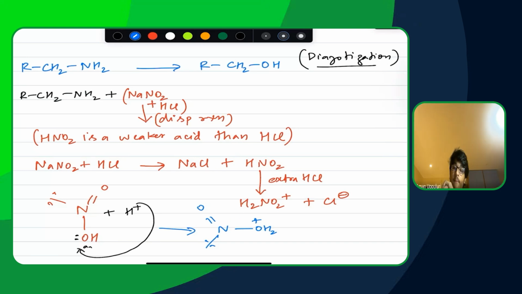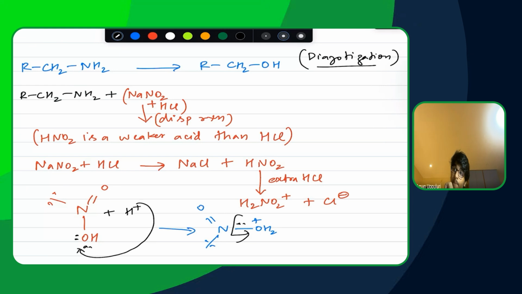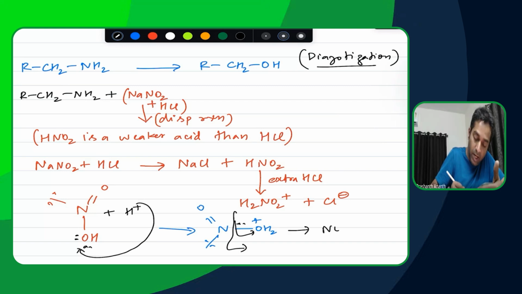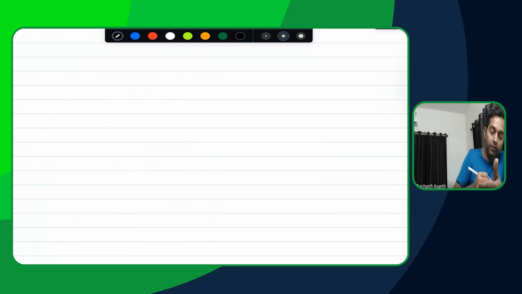So this H2NO2 plus, the next step is going to be doing the obvious thing. These two electrons will be taken over by this oxygen, and this entire thing will leave, basically forming NO plus plus H2O. So H2NO2 plus will effectively break down to give you NO plus plus H2O.